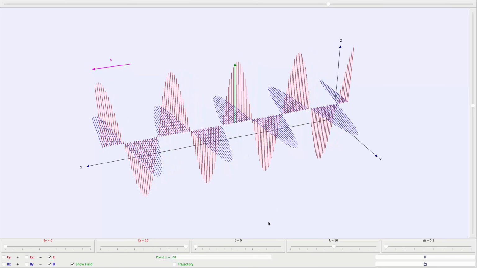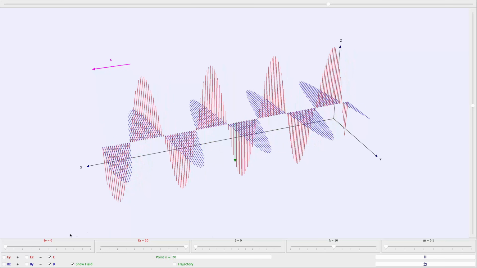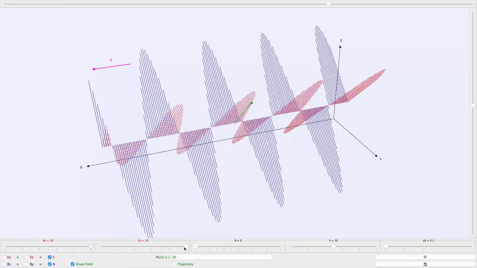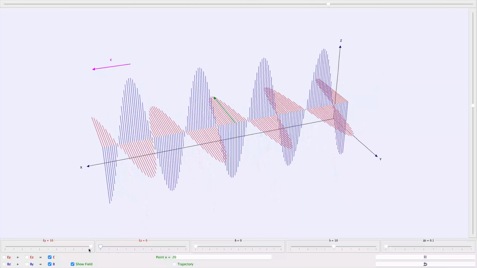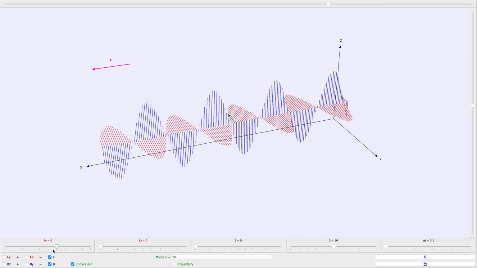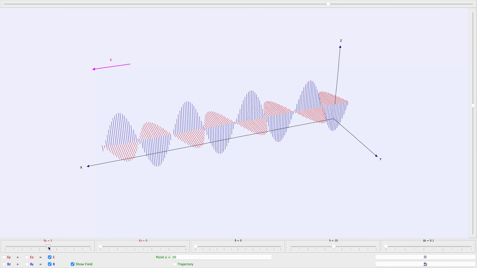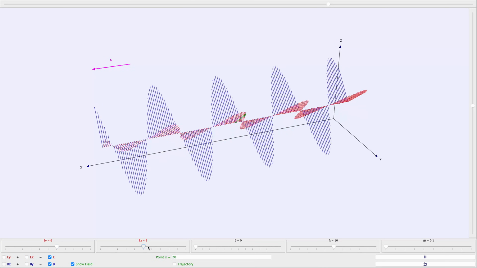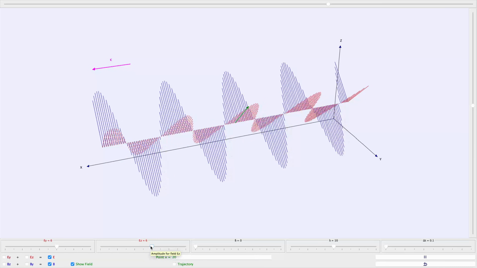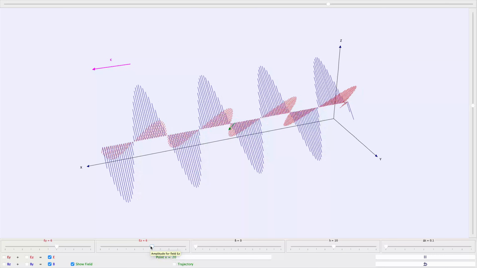So this would be an example of it being horizontally polarized. This here would be vertically polarized. And you can have anything in between that your little heart desires. So here, for instance, we would be polarized at about a 45-degree angle.